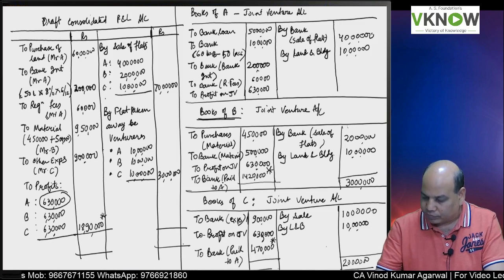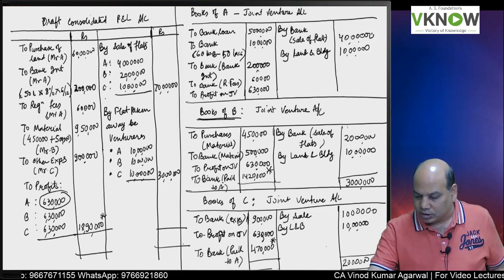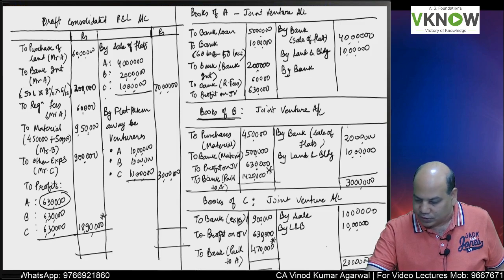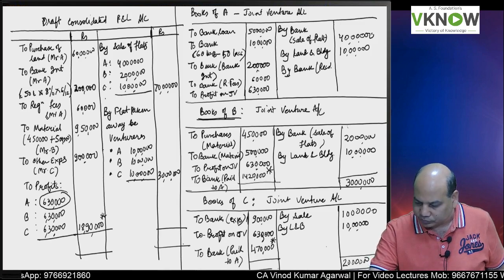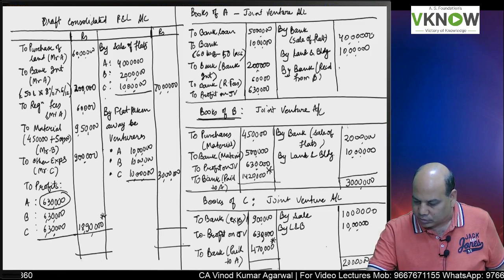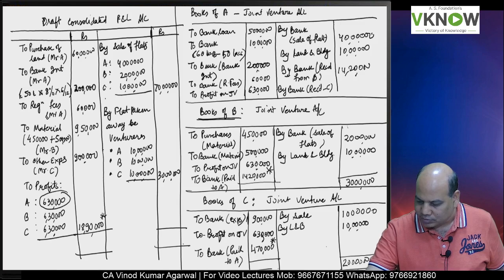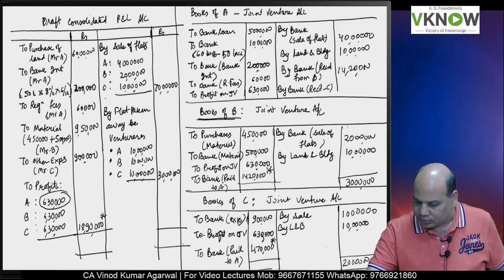Balancing figure. In the books of A, joint venture account on the credit side, by bank received from B, 14,20,000, by bank received from C, 4 lakh 70,000.